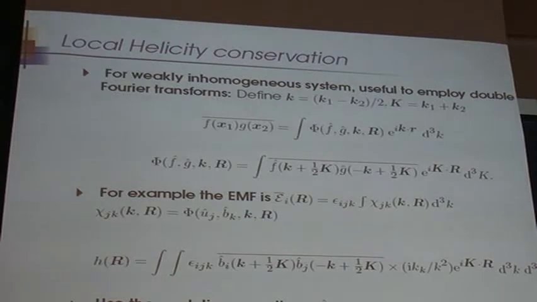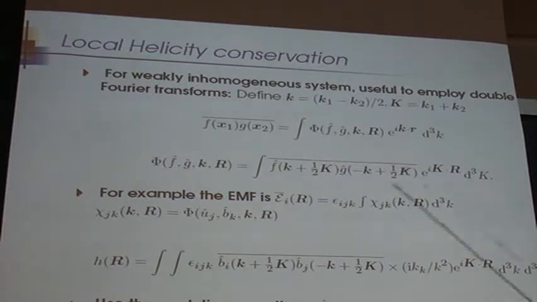So it allows you to systematically do the expansion on the large scale in a weakly inhomogeneous system. At the zeroth order, you think everything is homogeneous, but you want to keep systematically terms which are first order in the inhomogeneity and second order, etc. If you want to do that, this allows you to do it systematically, and that's why it's quite a nice technique introduced by, I think, Roberts and Soward.